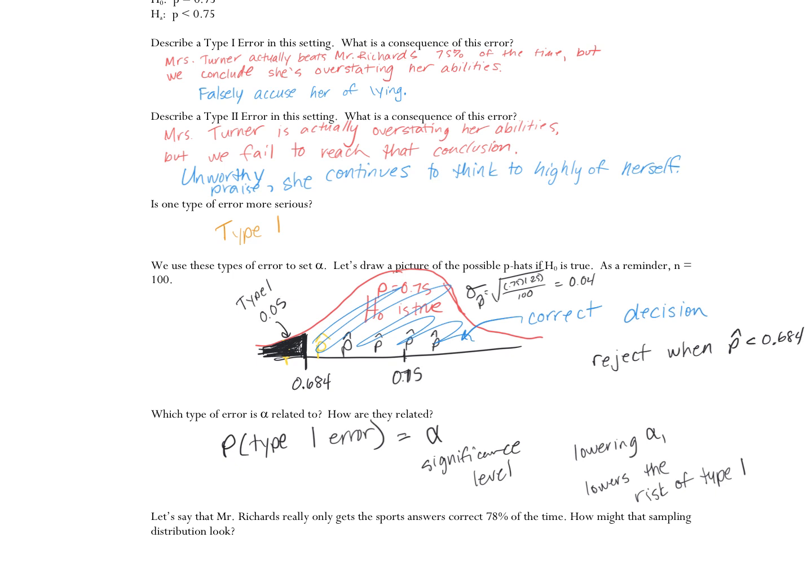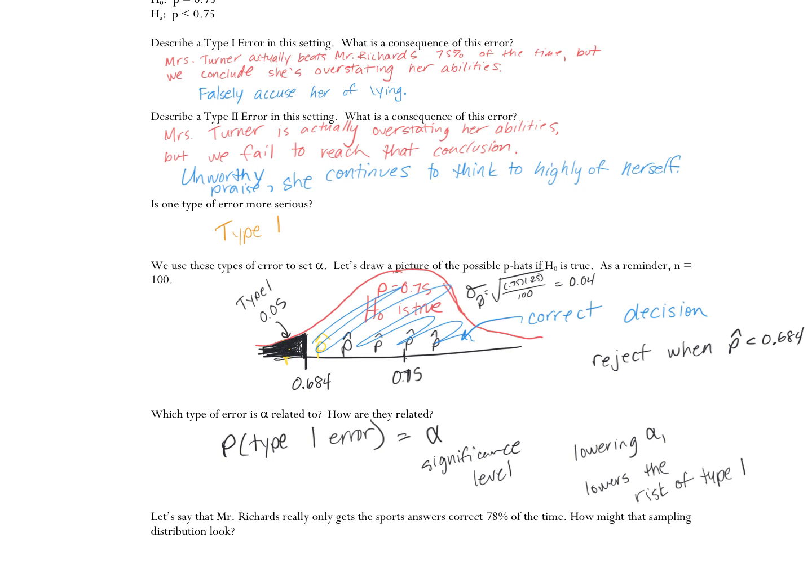Are we comfortable with that idea? And these hypotheses, all this stuff is set in advance, regardless of what is actually true. This test is going to reject whenever we get any p hat that is less than 0.684.